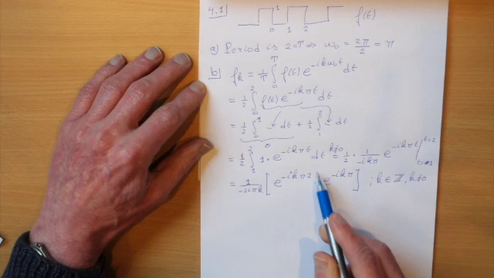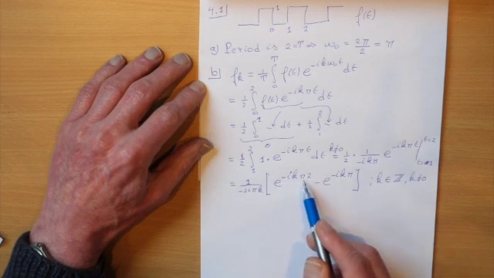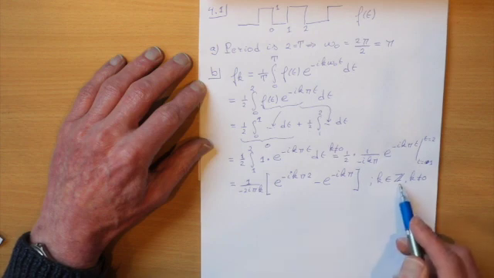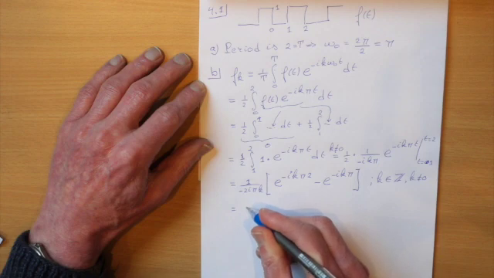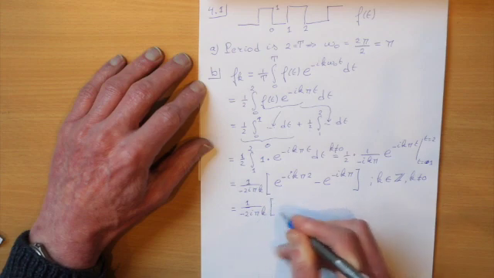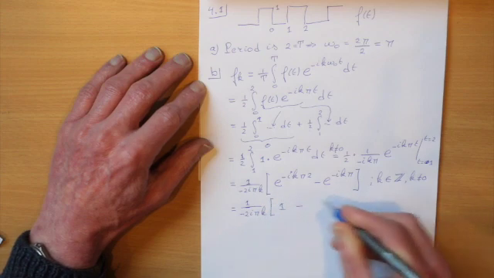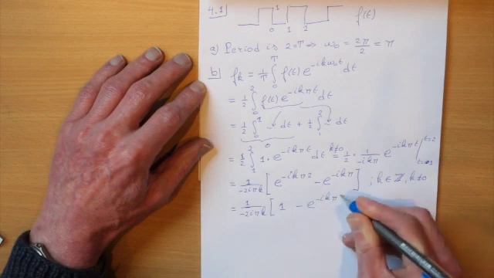So here I have e to the power i, 2 pi times a multiple, so this is 1. This becomes 1 divided by minus 2i pi k, times 1 minus e to the power minus i k pi.